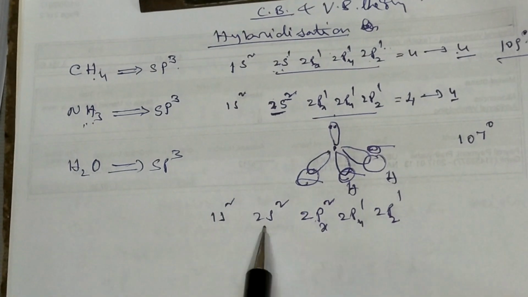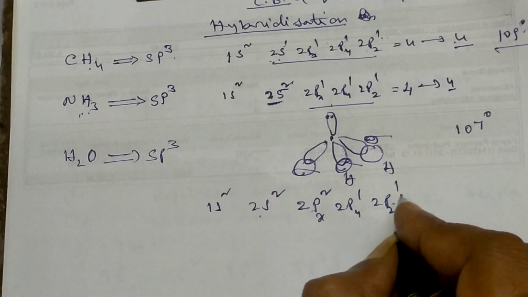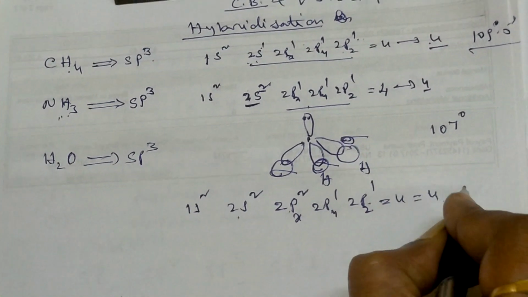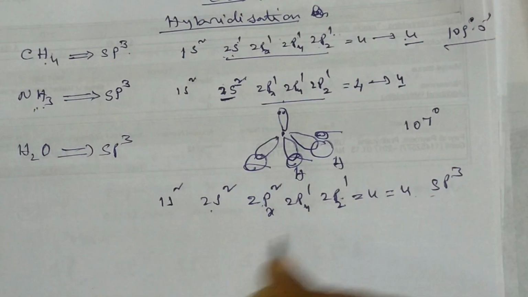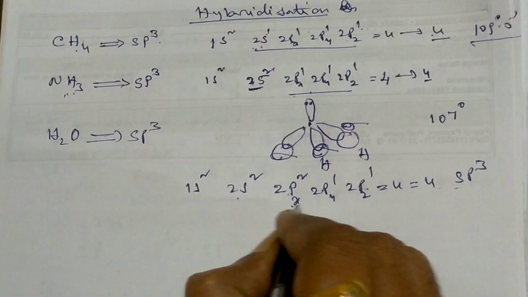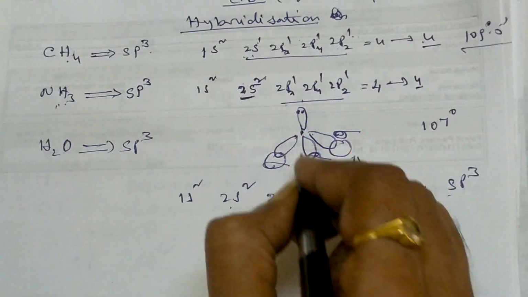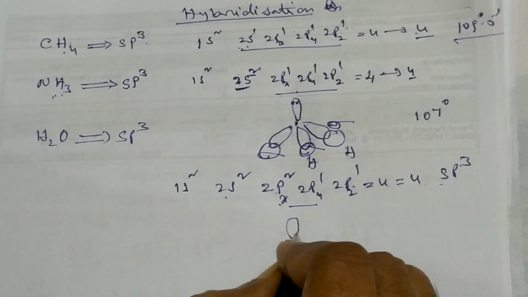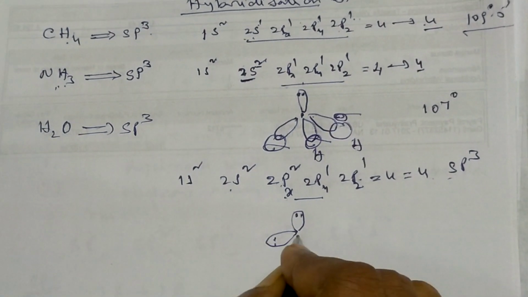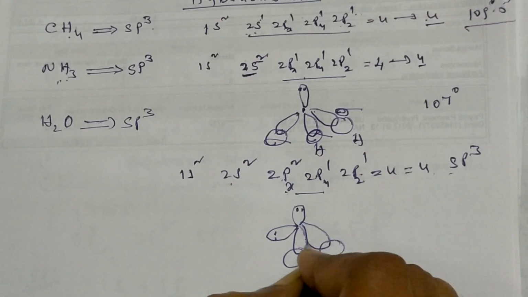That means there are 2 lone pairs and 2 half-filled orbitals. The 4 mix together and form 4 hybrid orbitals of sp3, but all 4 are not of similar shape. Two have the lone pairs, so the same story: 1 lone pair, another lone pair, and 2 sigma bonds in water.